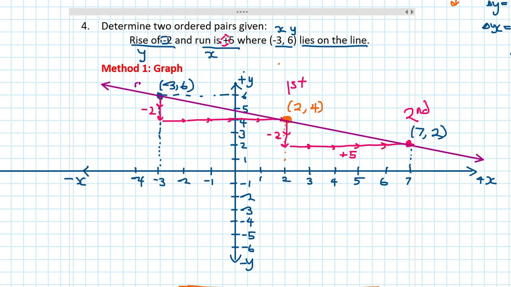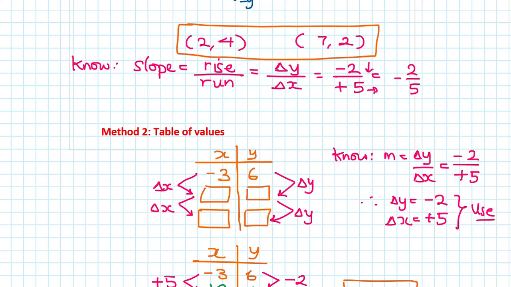We know our conversion, and by so doing we're able to trace the other points on that particular graph. And the second method is to use your table of values, knowing our slope, which is change in y over change in x, and from that you'll be able to figure out the other points on that particular graph.